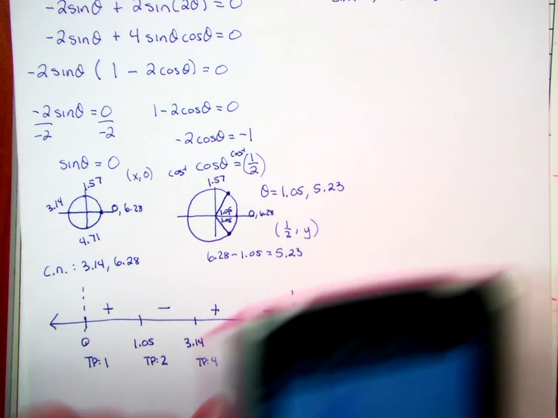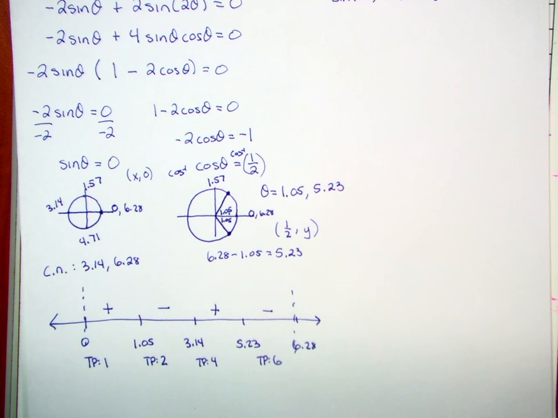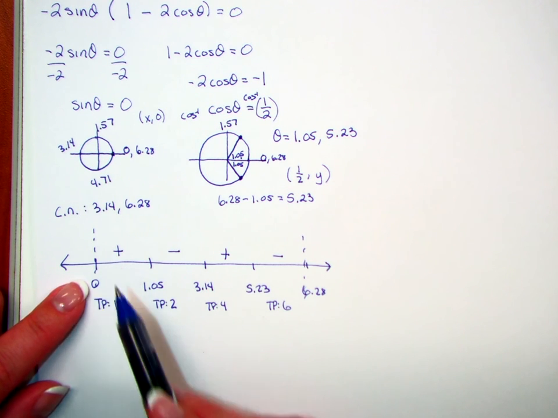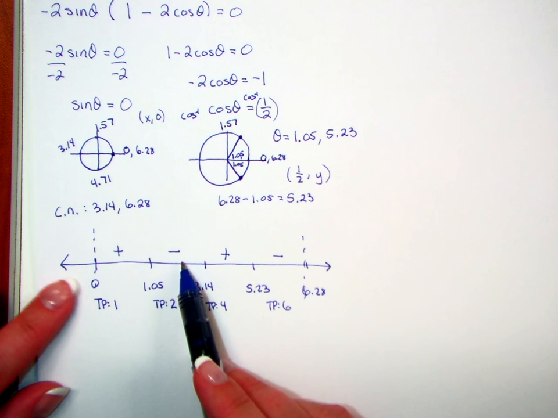So it is changing positive to negative, positive to negative. If the derivative is positive, our function is increasing. If the derivative is negative, our function is decreasing.